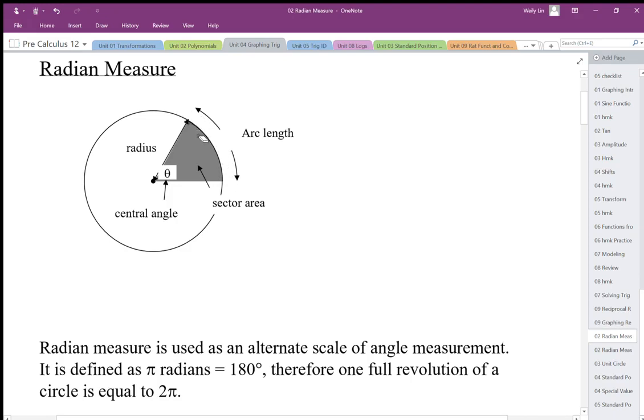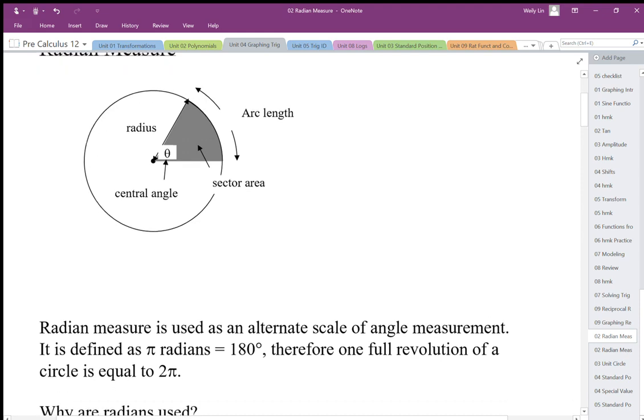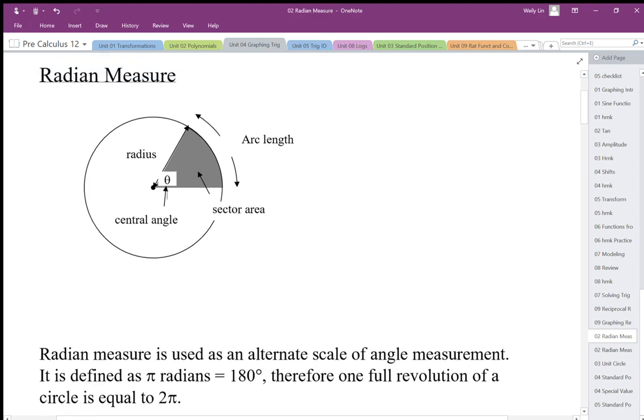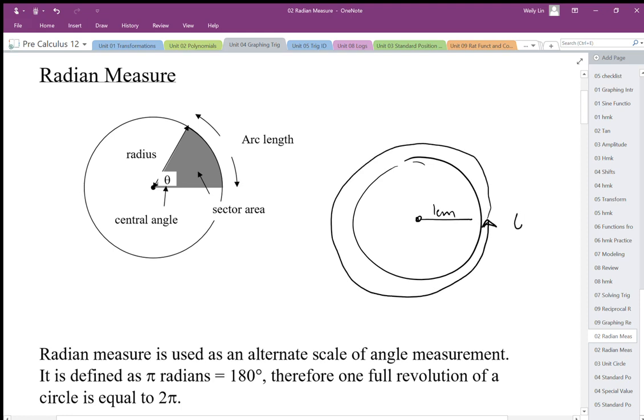Now the way we've established a radian is that if we have a unit circle, a circle with radius 1, the arc length represents the number of radians that we turn. So if I have a circle with radius 1 centimeter, the distance all the way around would be 1 circumference of that circle, which is 2 pi.